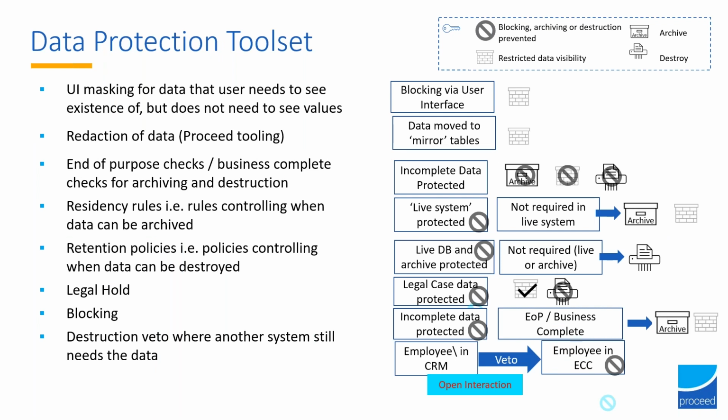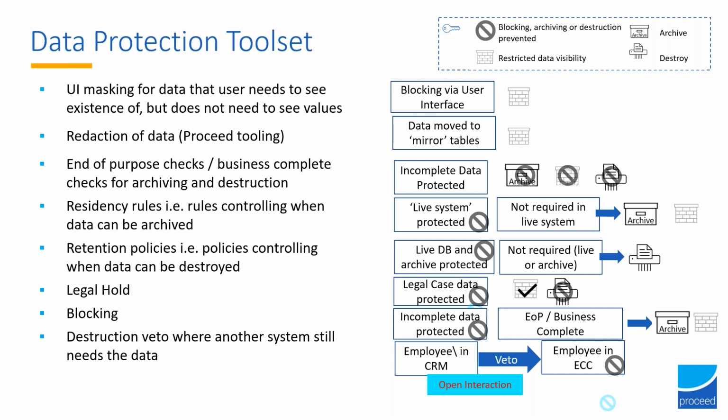I'm not going to go into this slide in huge detail. This is something you can have a look at later, but we've talked about, for instance, the archiving that's available. There's blocking and destruction, but we also have some things in the tool set that are protecting data. We have retention policies, which means that you can't destroy data before a certain point in time using the ILM tools.